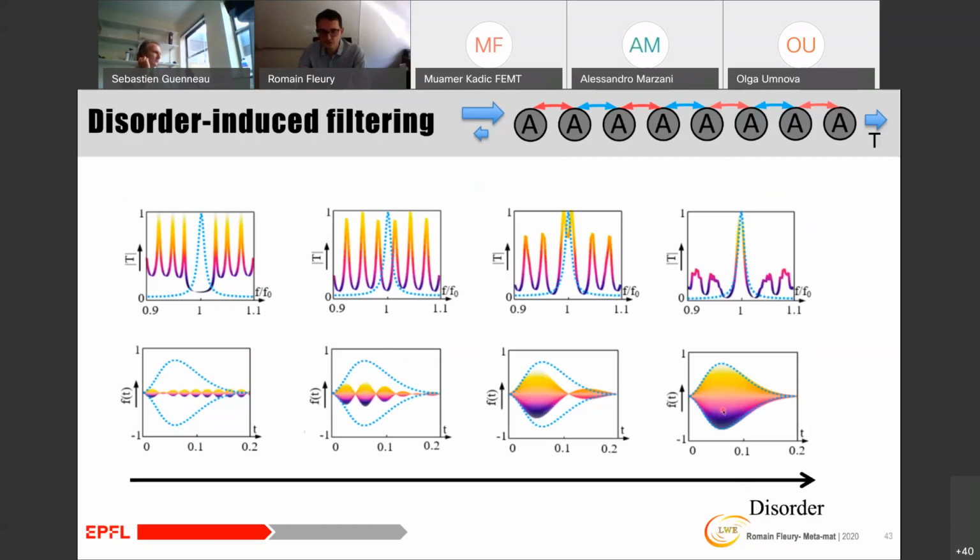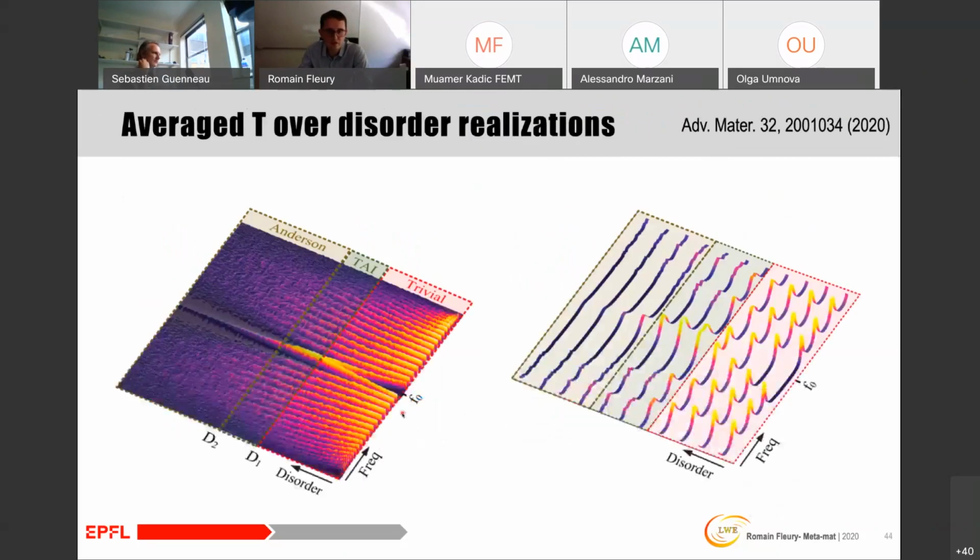So this is just one realization of disorder. Does it work on average? Does it work for all possible realizations of disorder in that range? To see this, we have done an average over 100 disorder realizations of the spectrum. That's what we see. Here you have the frequency, you have your spectrum along that axis, and this is disorder. And we average the spectrum.